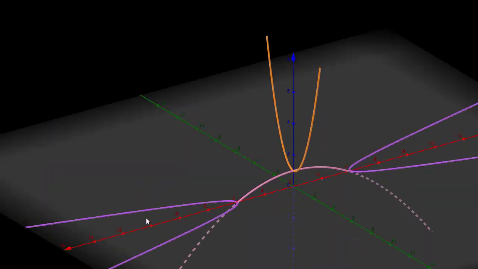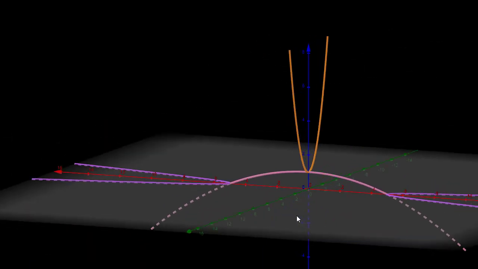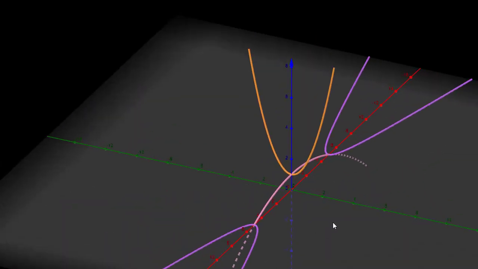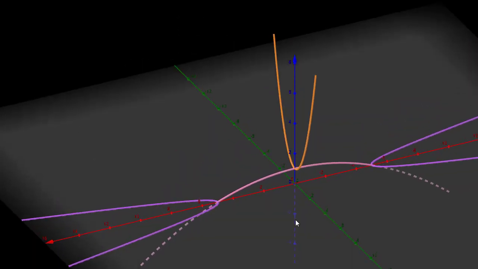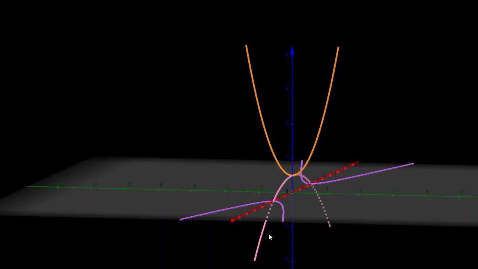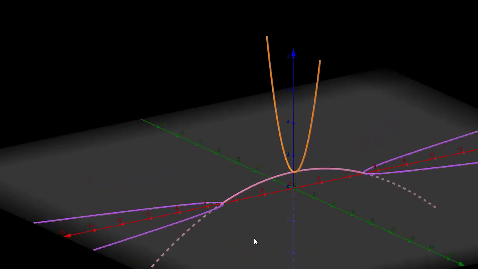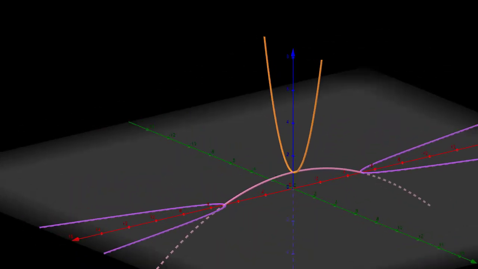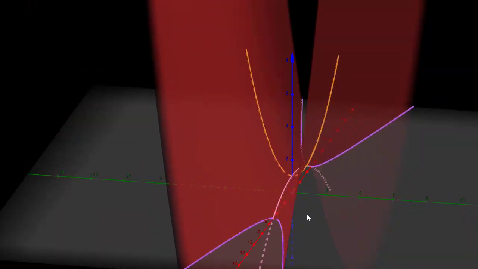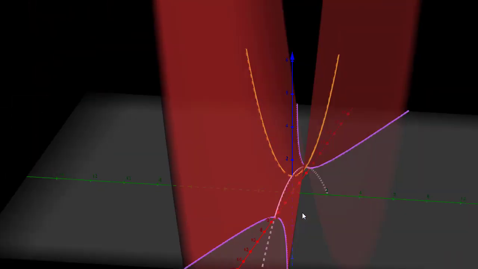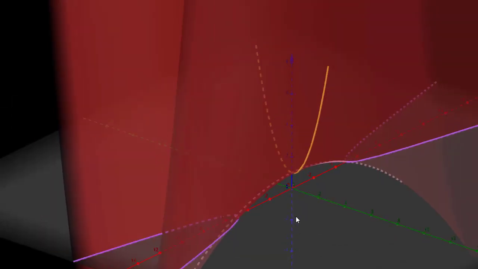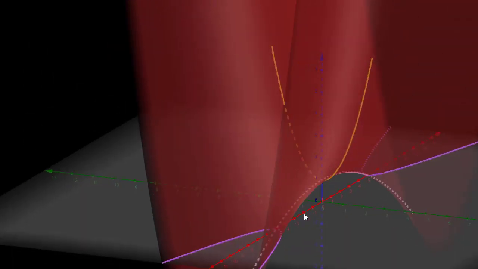So let's take a look at the surface itself and see what we get. All right, I actually just realized that even though it looks pretty much the same, I had the graph shifted wrongly. Anyway, if we put in the surface here, we get this weird looking thing. I was trying to get it more bounded.